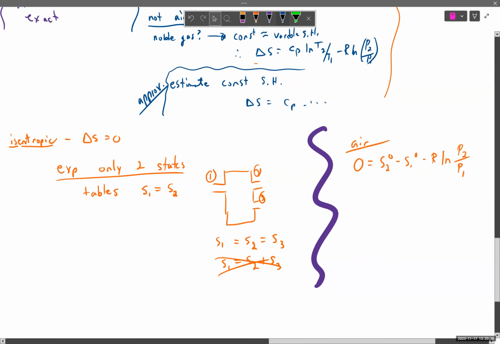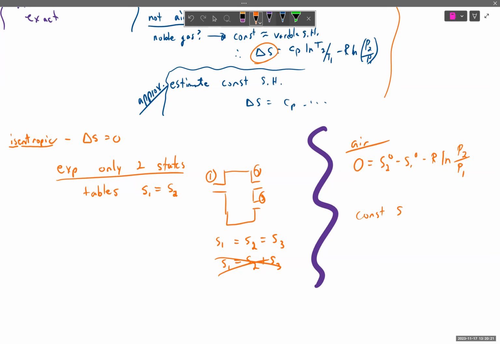Or we took this one, set that equal to 0 for the constant specific heat equation. Or it's actually variable specific heat for a noble gas. And depending on what you solve for, it changes how this equation looks.